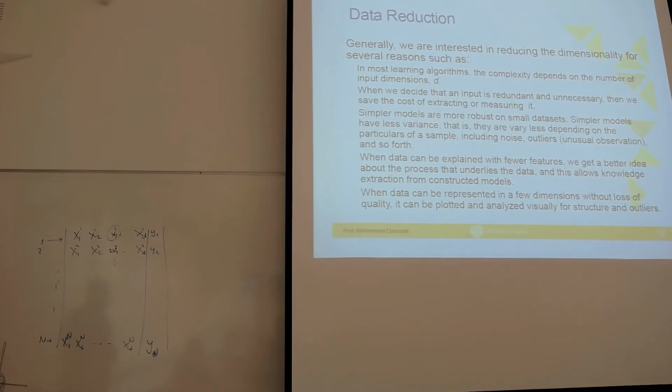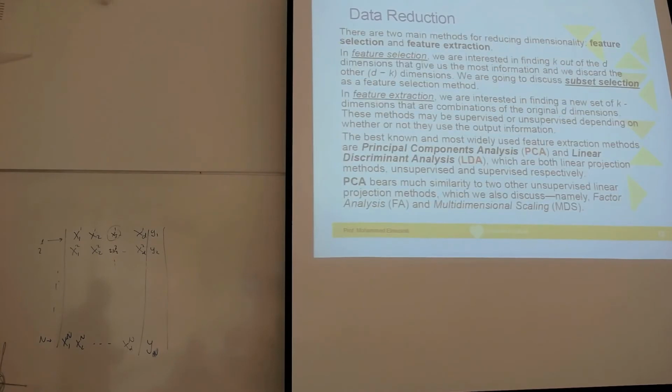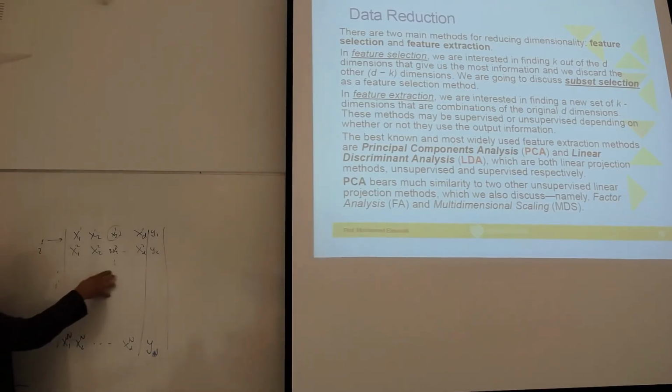In data reduction, we have mainly two methods. One method is named feature selection, and the other is named feature extraction. Feature selection is based on looking at this data and then picking the most important.